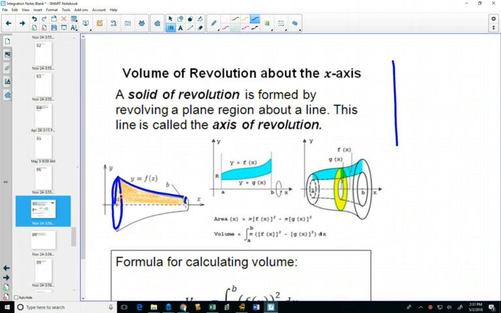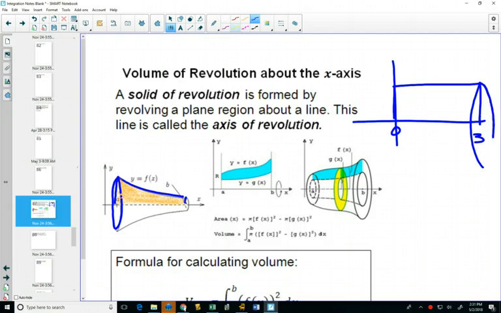So if I had just a straight line, and I said the area from 0 to 3, that would be that rectangle, right? Now, if I took that rectangle and rotated it around the x-axis 360 degrees, that would do this, right?